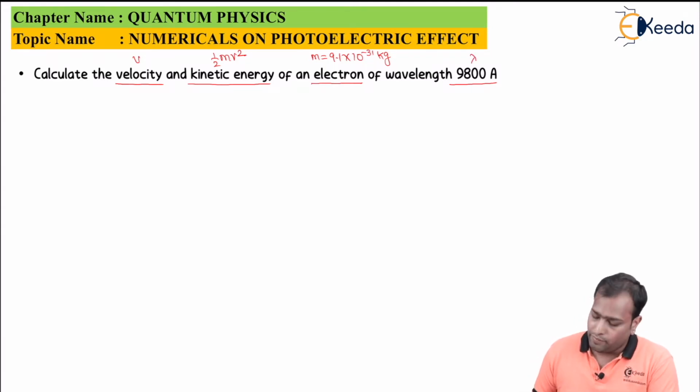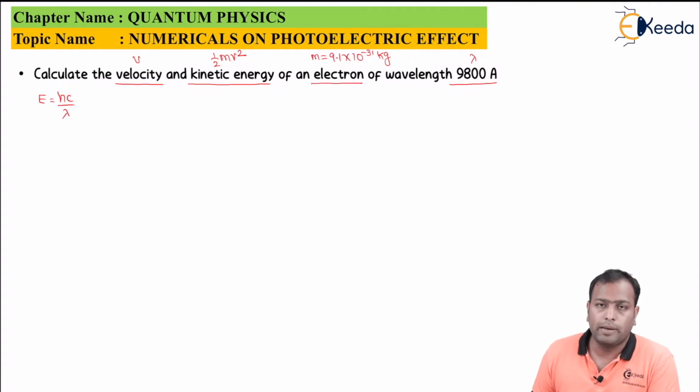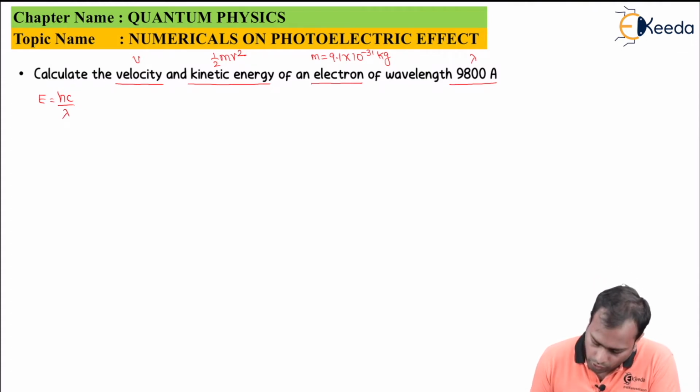So you are given the value of lambda, and now you need to find out the energy first. Of course, using the formula E is equal to hc by lambda, we'll be finding the energy. This energy will be nothing but the kinetic energy. So I would be equating this with half mv square.